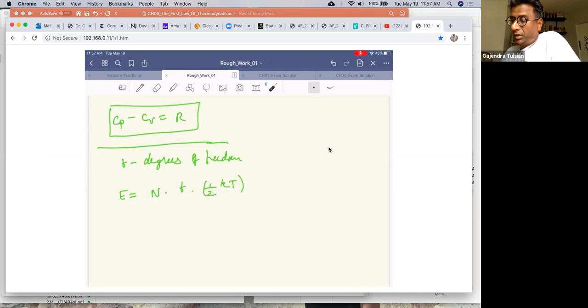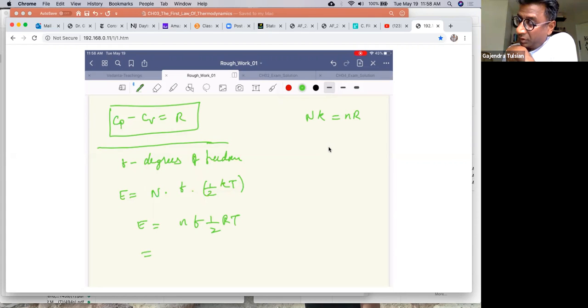But anyway, there's the internal energy, E equal to N times K times T, where K is the Boltzmann constant. N K is the number of moles times the gas constant. So this is equal to n F times 1/2 R T.